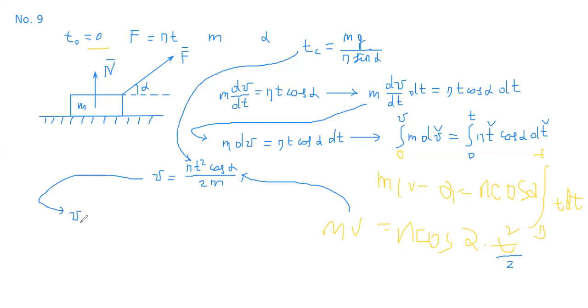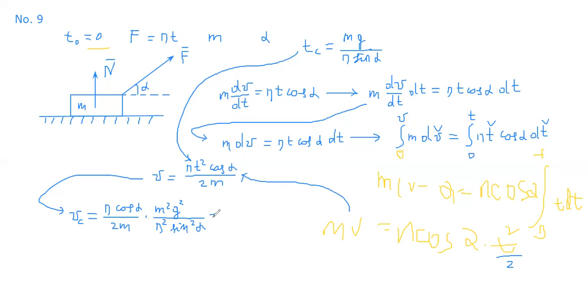So we have eta cos alpha divided by 2m multiplied by m squared g in second order over eta and sin squared alpha.